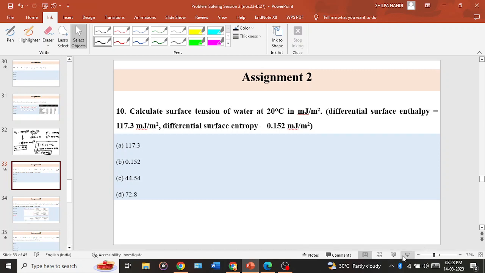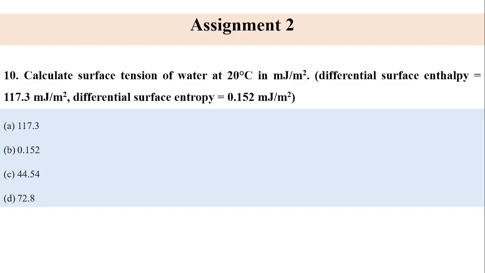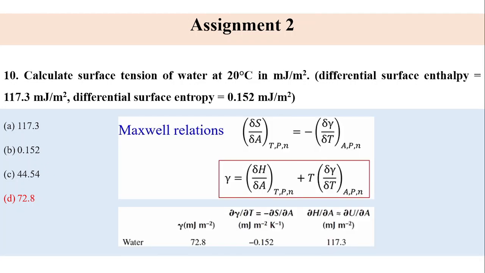So the answer to this question is 72.8. Now, how have we gotten this answer? We are using Maxwell relations, as I already told you. The Maxwell relation gives the relationship between the differential surface entropy and the differential surface tension, as well as the surface enthalpy.